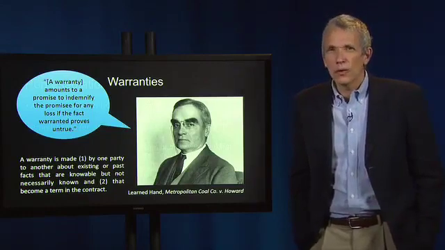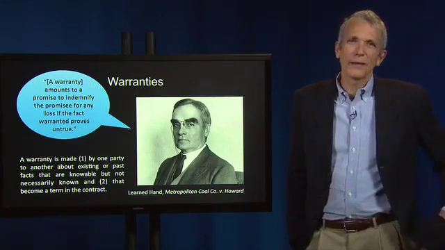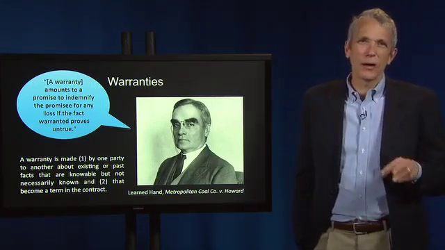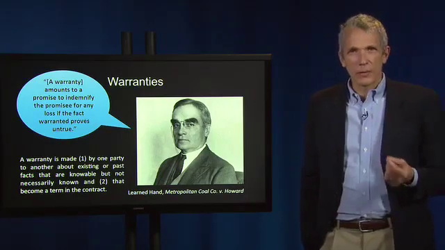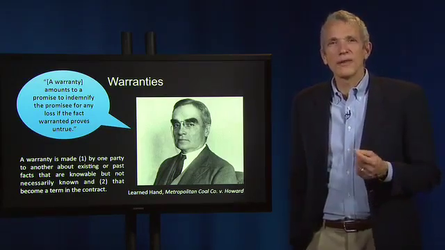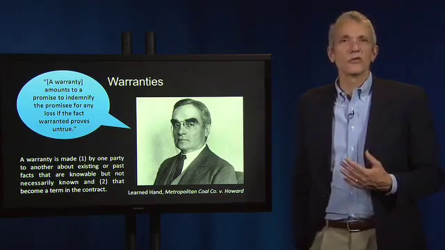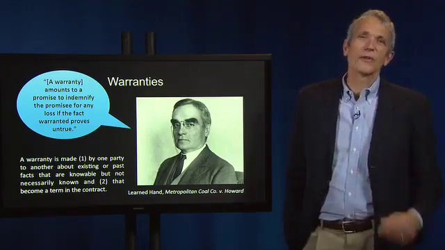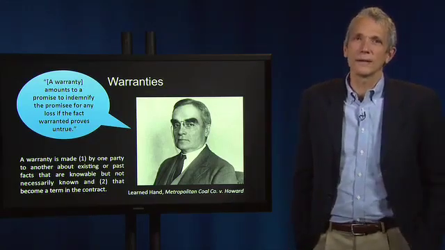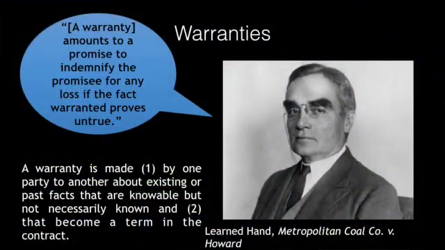We can think of warranties, on the other hand, as a special kind of promise. A warranty promises that a person's representations are true. Judge Learned Hand explained in a Second Circuit case from 1946, Metropolitan Coal versus Howard, that a warranty, quote, amounts to a promise to indemnify the promisee for any loss if the fact warranted proves untrue.